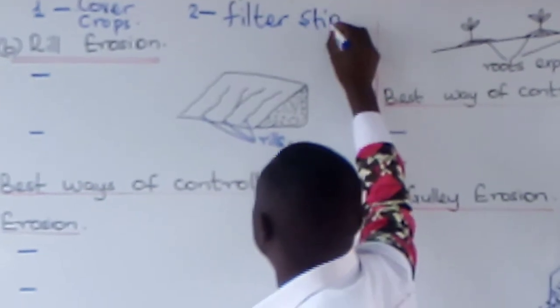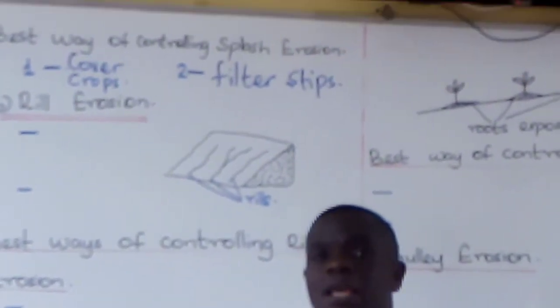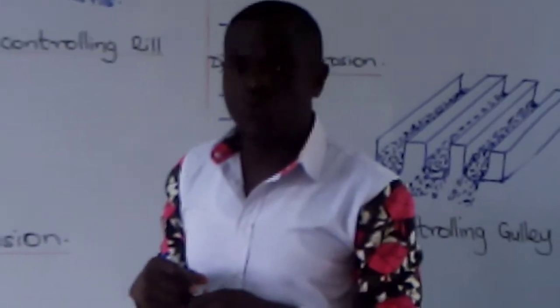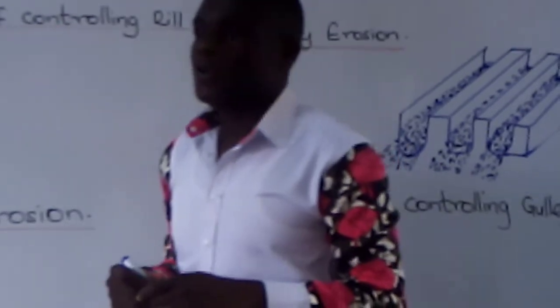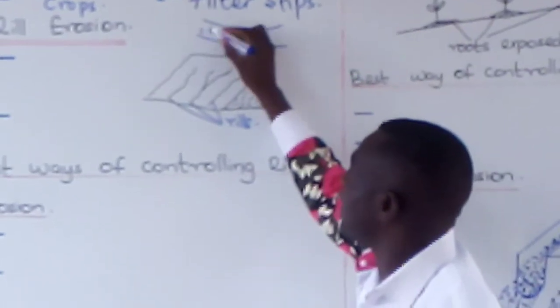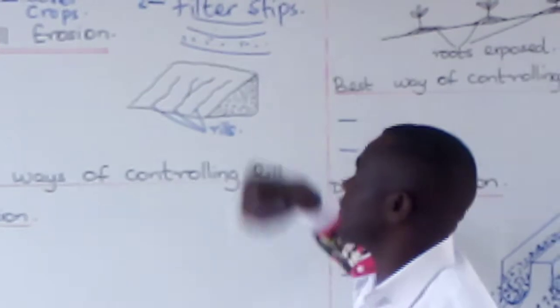Now, filter strips on gently sloping land can do very well, because filter strips are strips of grasses, like that one. This is grass, and the other strip has no grass.